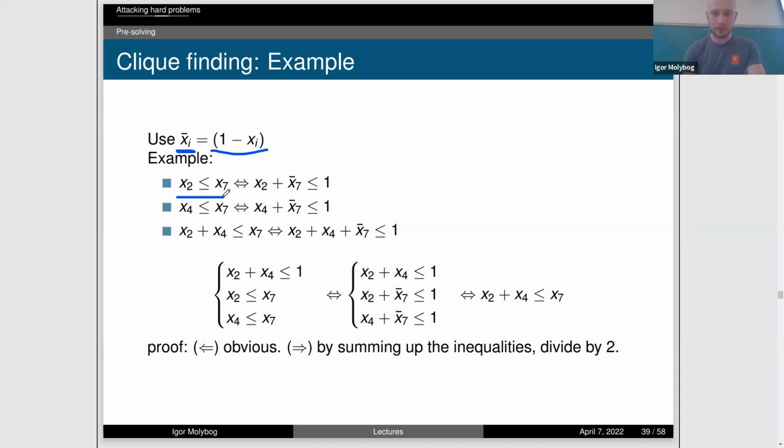Let's take a look at this example right here. This is what we're going to be working with.